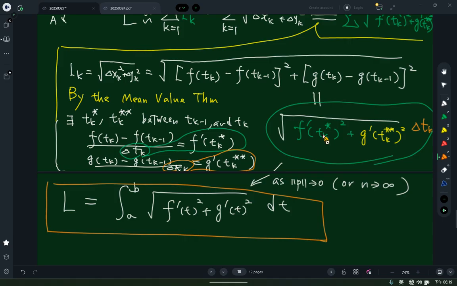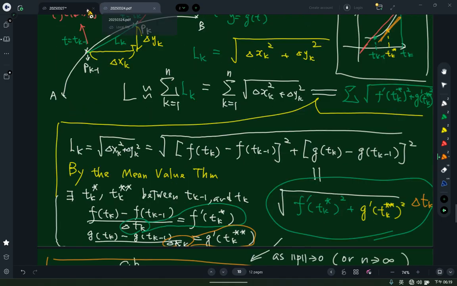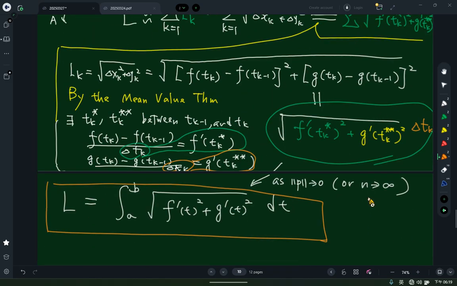So you can simply see, when we divide it into many subpieces, then for each piece, if the norm of the partition is approaching 0, or we can say we have an infinite number of pieces, then for each point, we can regard it as a small piece. Then finally we can get this result.